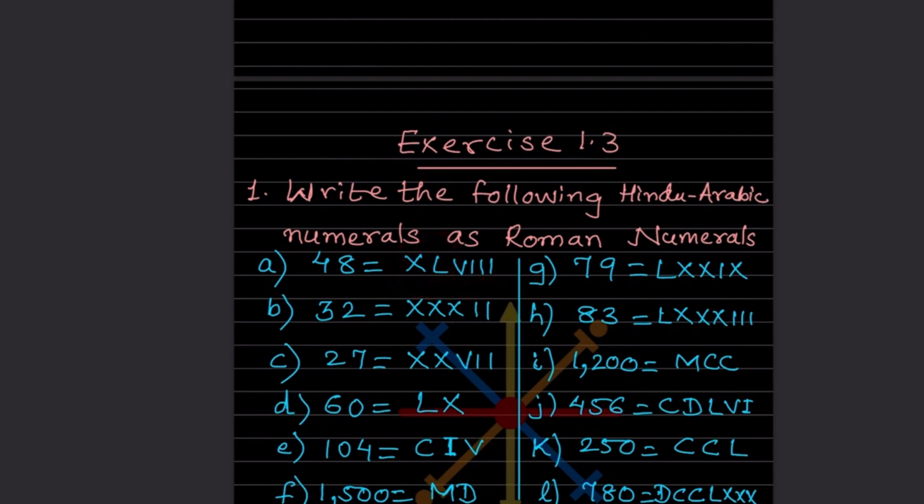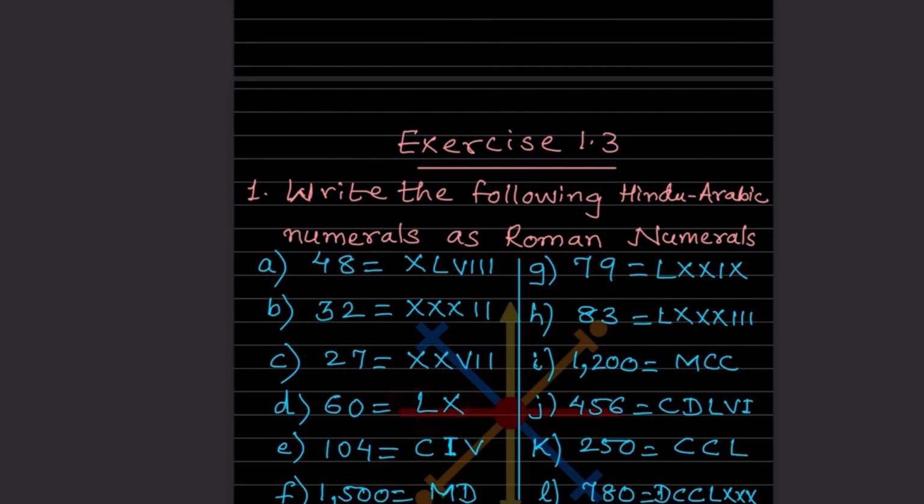So now this is 32. 32 means this XXX is going to be 30, and this is 2, so 32. 27, you know XX is 20, and 7 means VII. Now LX is 60.